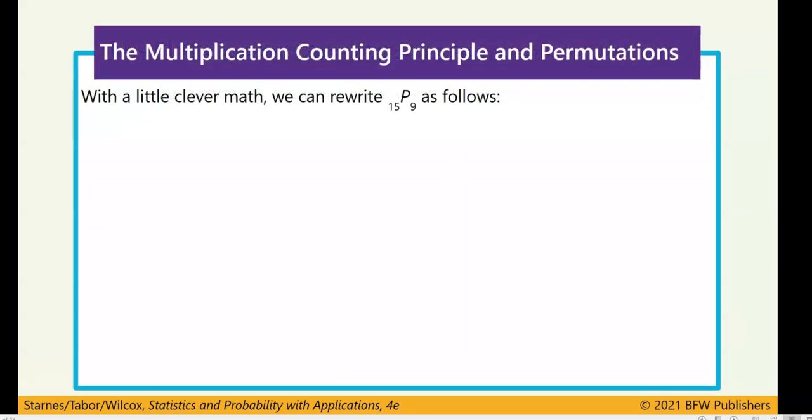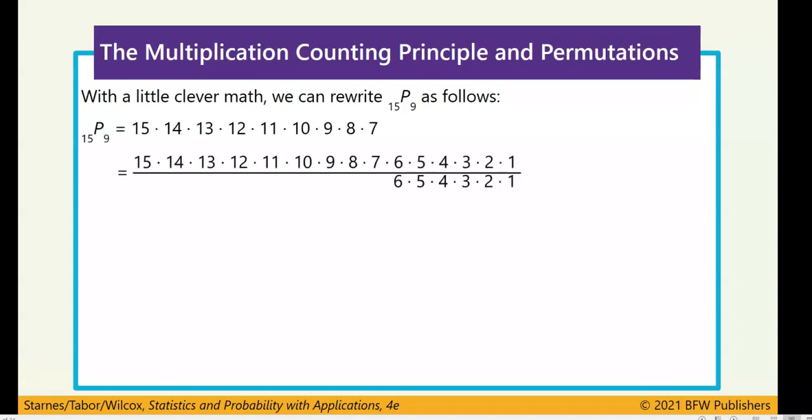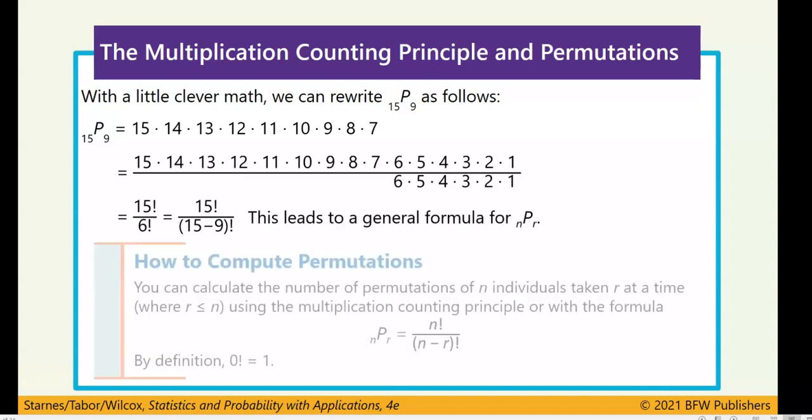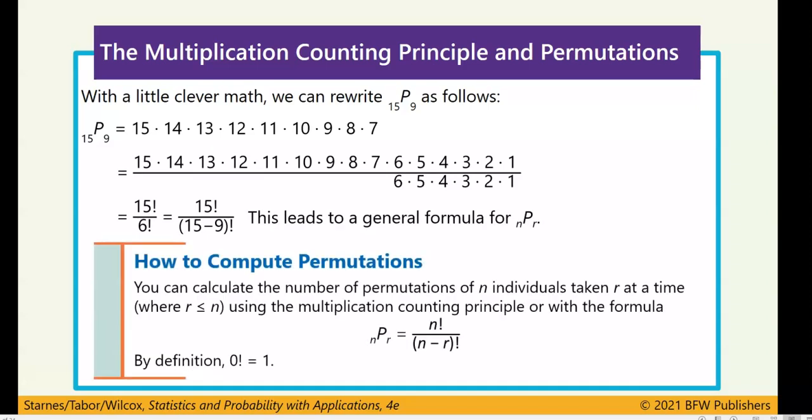A little clever math. We can rewrite 15P9 as follows. Oh, that's kind of interesting. This is the derivation of the formula. I don't think you have to write this down. The calculator is going to do nPr for us. I just need to recognize, hey, order is important, going to use nPr here. Going to use permutation.